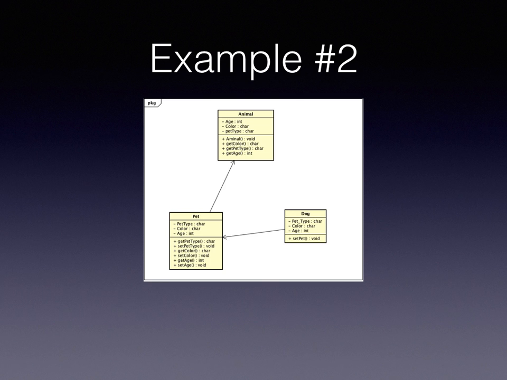As you can see, our superclass up here is the animal class, which has your age integer, your color character, your pet type character, and all the accessors that go with each of these variables, as well as the animal superclass itself. This is daisy chained into the pet class, which is basically a modification of the animal class.